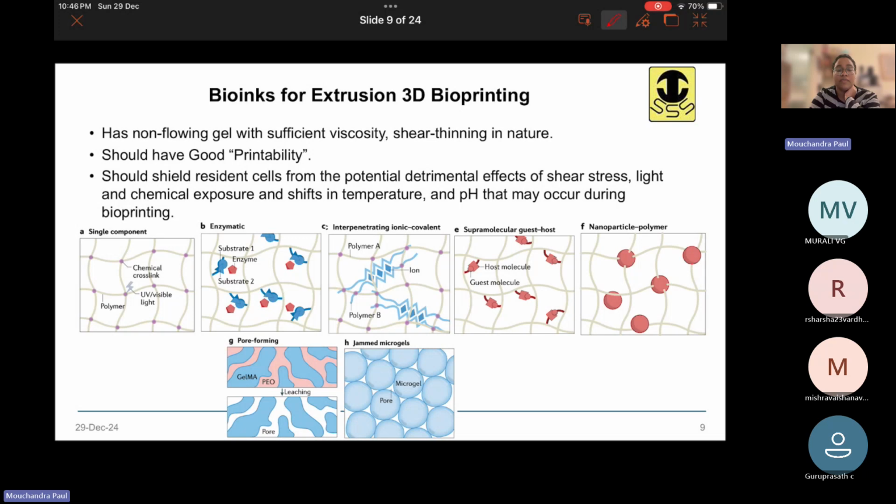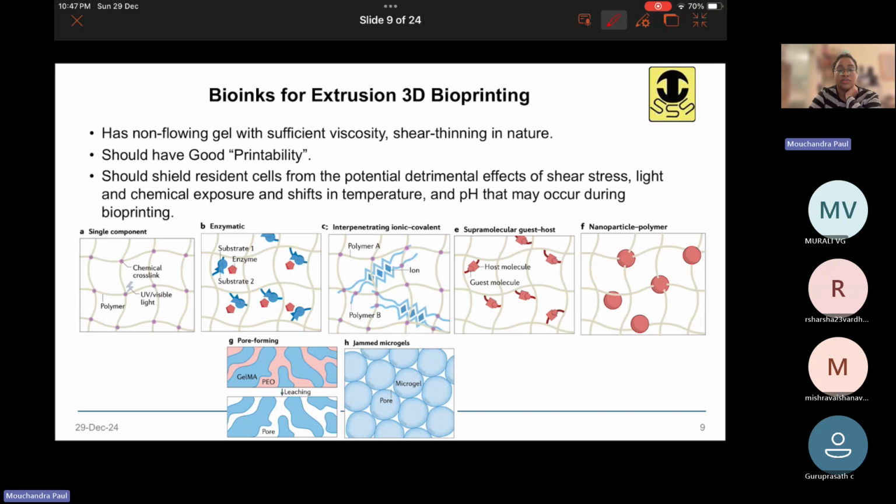When we apply pressure, we want the bioink to transition into a much more flowing condition so that it flows smoothly through the tip of the needle, and forms filaments very smoothly on the substrate without breaking and gives the desired pattern. But we also want that the material deposited on the substrate should not distort in structure.